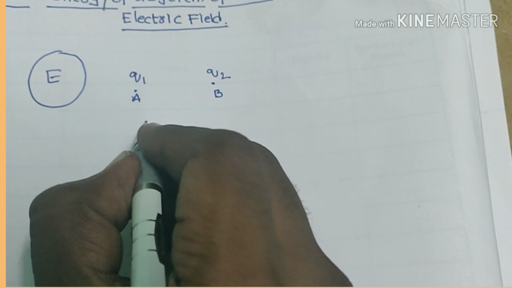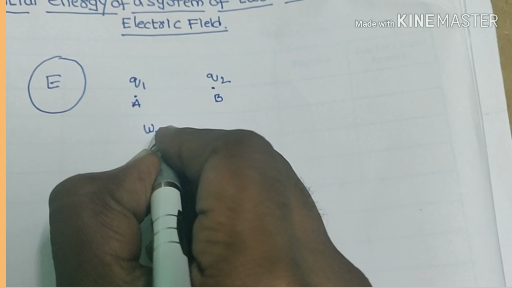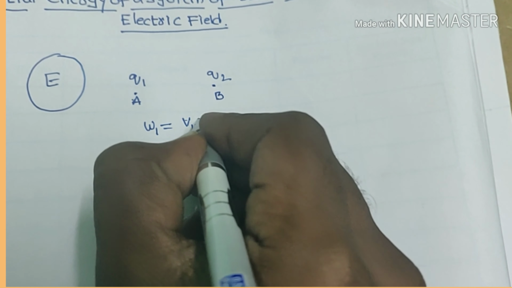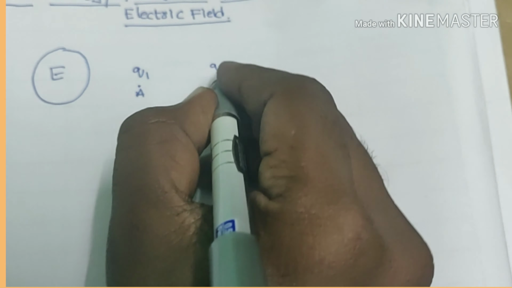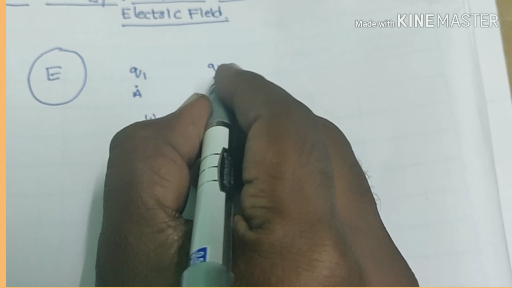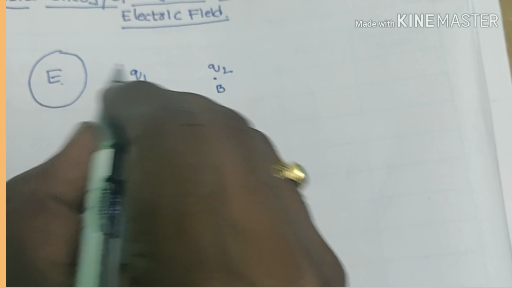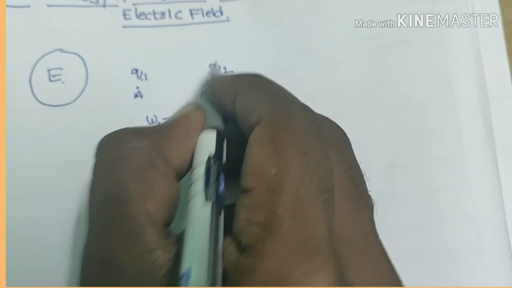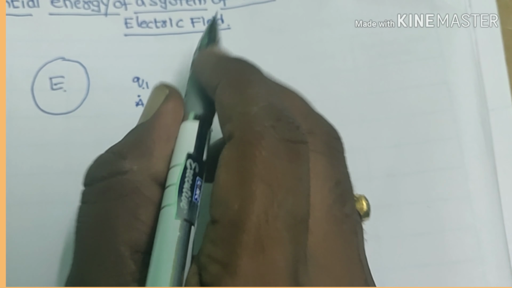We do some amount of work, W1 equals V1 Q1. Q2 is brought against the electric field and Q1. So here we have to consider two works.